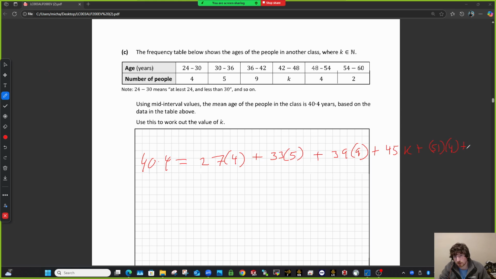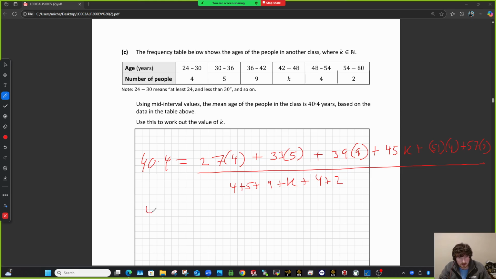You do have to show this, but it's sort of easy marks. Then you show yourself dividing all of that by 4 plus 5, all the sum of the frequencies, plus 9 plus k plus 4 plus 2.